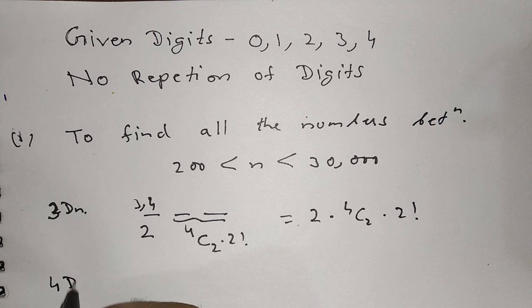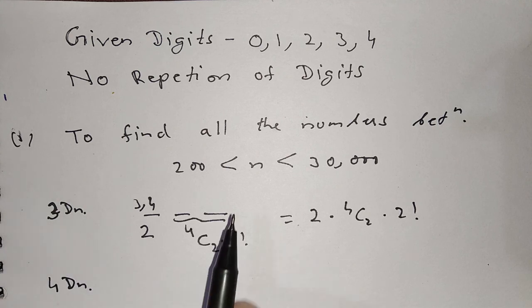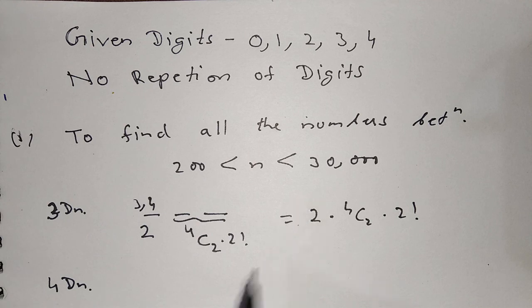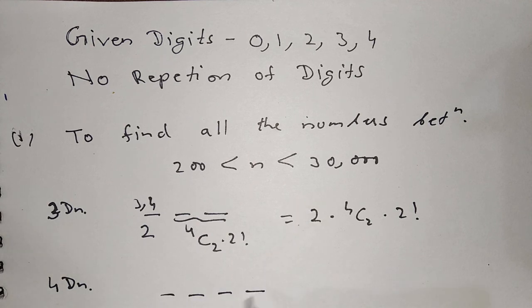Now we have to find out the 4-digit numbers. All the 4-digit numbers lie between 200 and 30,000. So in the first place we will put either 1, 2, 3 or 4.